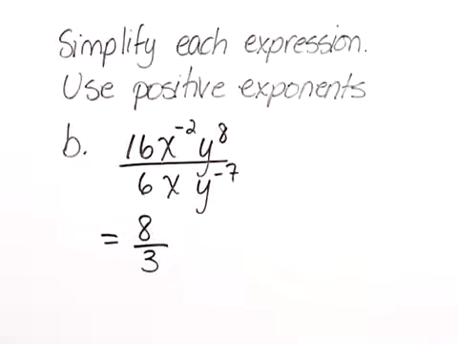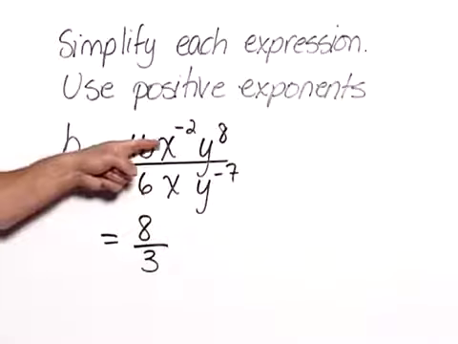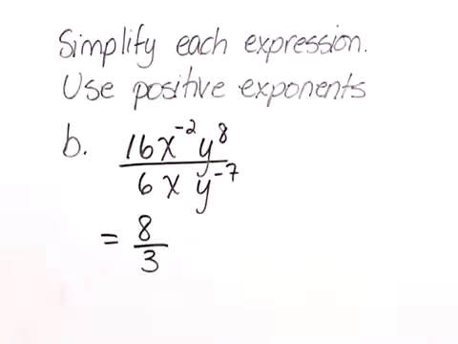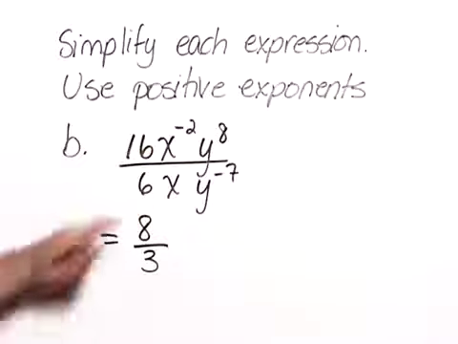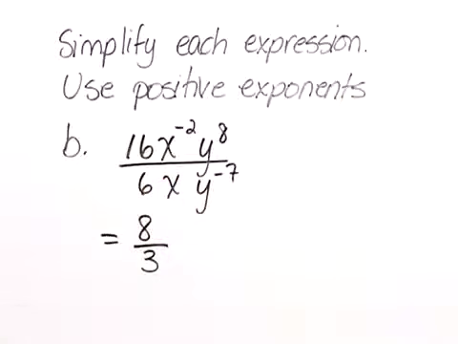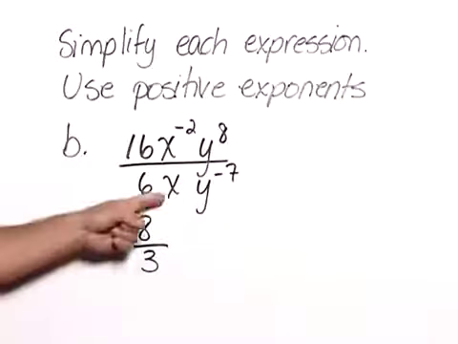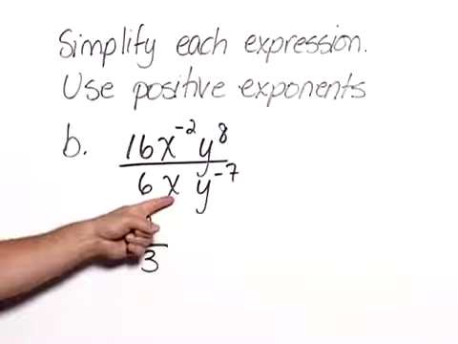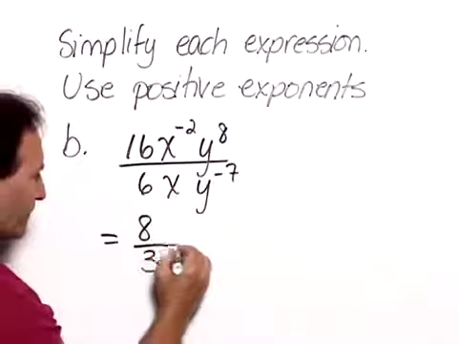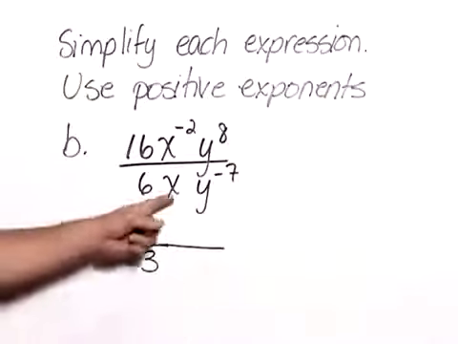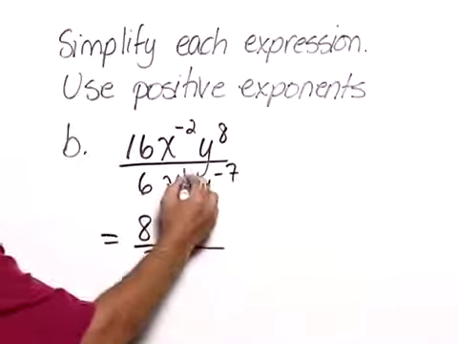Now, in terms of the variables, when we are dividing variables, we actually subtract their powers. As I look ahead, since we want to use positive exponents, I am going to put the x in the denominator. So let's extend this. And remember, this is like x to the power of 1.